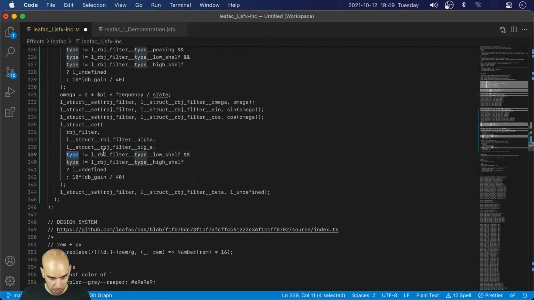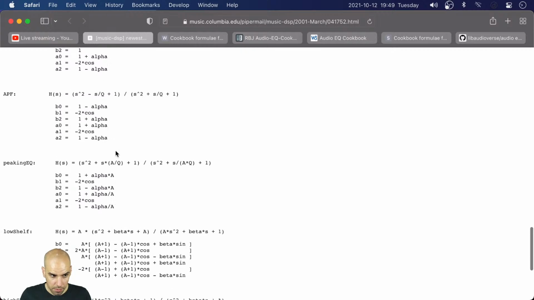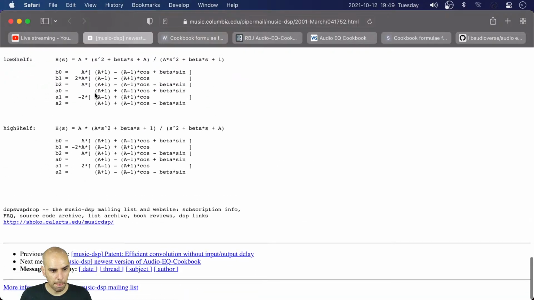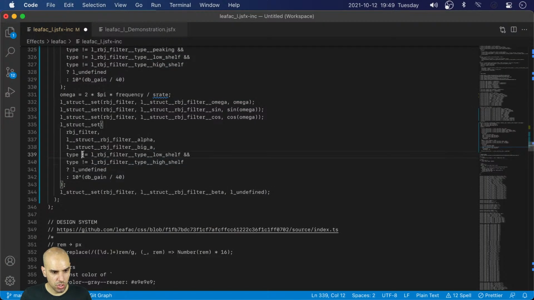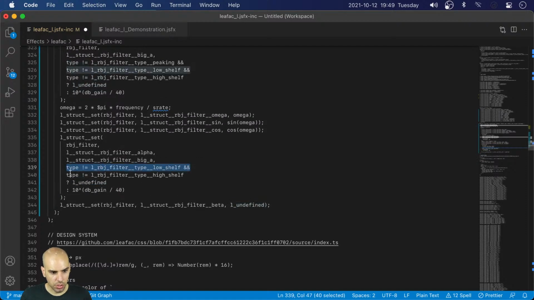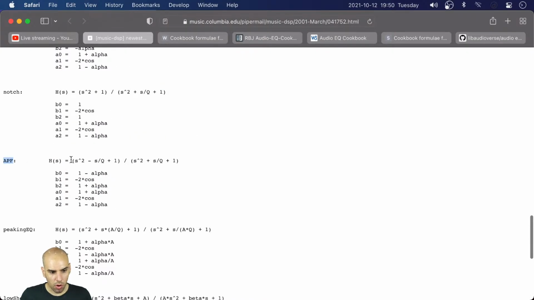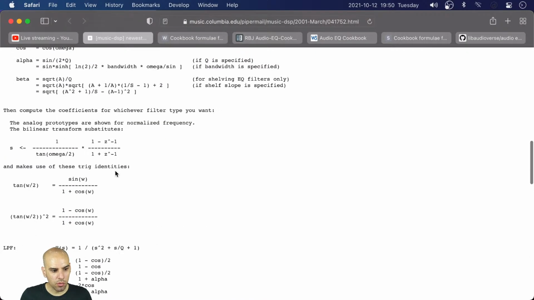So if my type of EQ is not a low shelf and it's not a high shelf, I am, for instance, in an all-pass filter, and I do need to compute alpha.